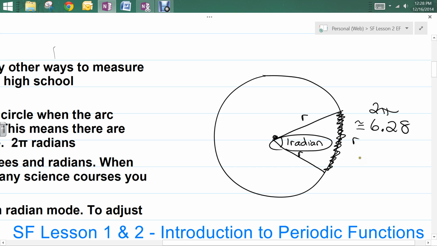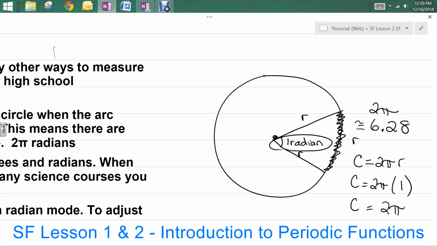If I look at a circle of radius 1, the circumference is 2 pi r, a formula from junior high. If the radius is 1, 2 times pi times 1, the circumference would be 2 pi. If the whole circumference is 2 pi, and I'm talking about the angle being equal to the circumference using a radius of 1, then every circle has 2 pi radians.